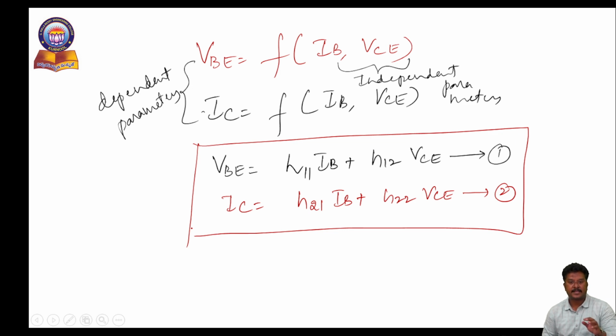Based upon these equations, we have to model the internal behavior of a transistor. Without the help of these equations, without knowing which one is a dependent and independent parameter, it's very difficult to define the internal structure of a transistor. If you carefully observe, everything is represented in the form of currents and voltages, and in some cases we have dependent or independent voltage sources and current sources.